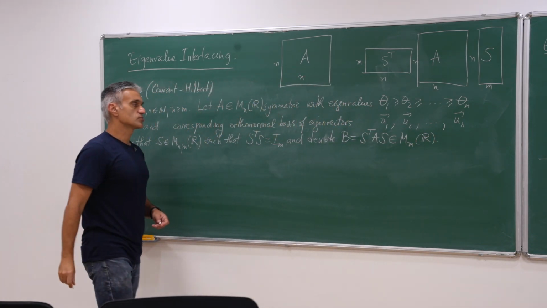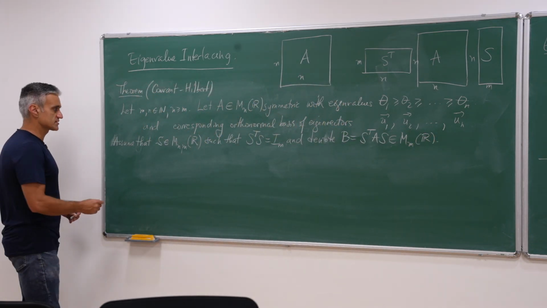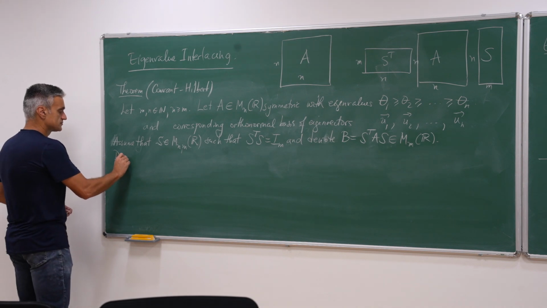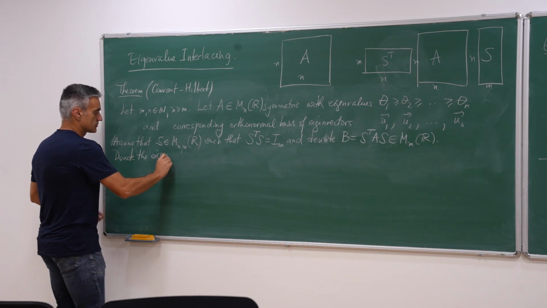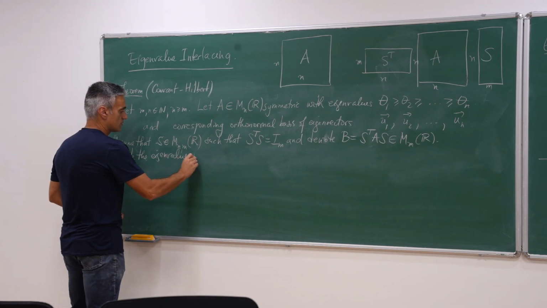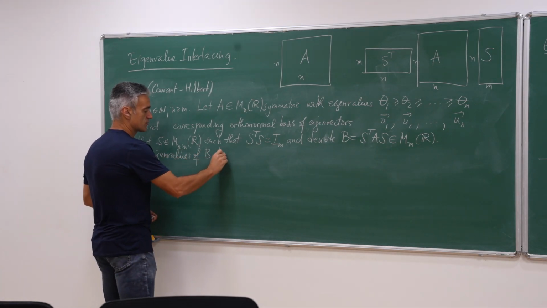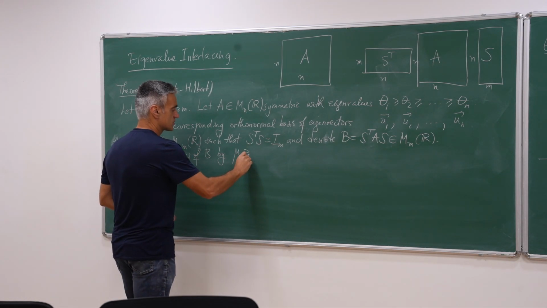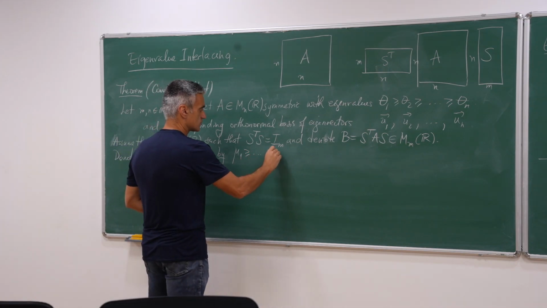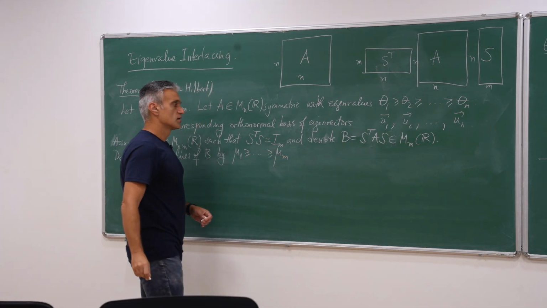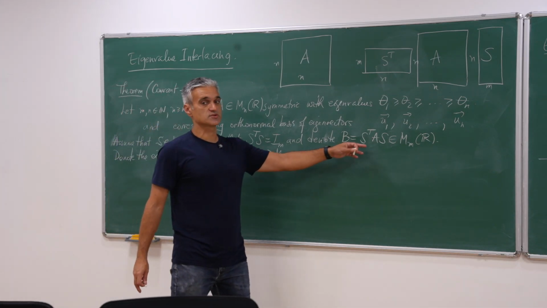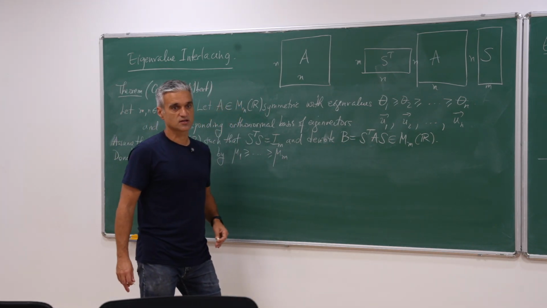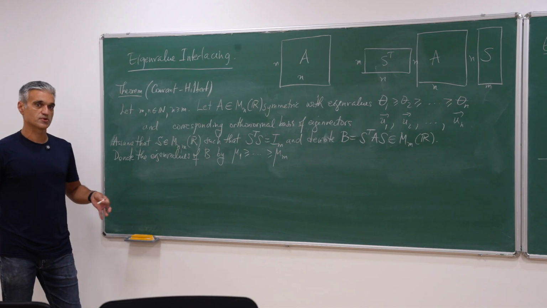Now we need to denote its eigenvalues by something. Denote the eigenvalues of B by mu1 greater or equal to mu m. Because A is symmetric, this matrix B will also be symmetric, and so we have an orthonormal basis of eigenvectors.